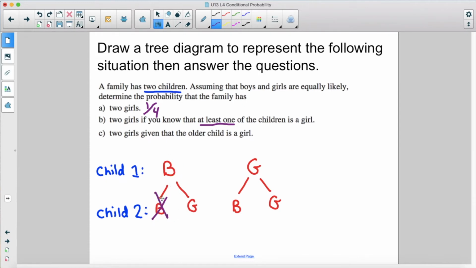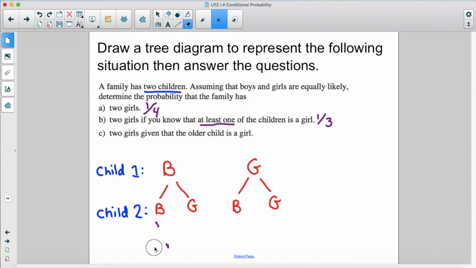So this branch here doesn't matter to us because at least one of the children has to be a girl. So now, probability that there's 2 girls. We now have boy and a girl, a girl and a boy, a girl and a girl. So we have 3 total outcomes and only 1 out of the 3 was there 2 girls.